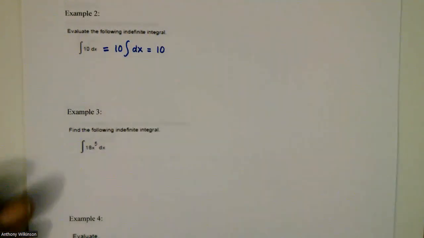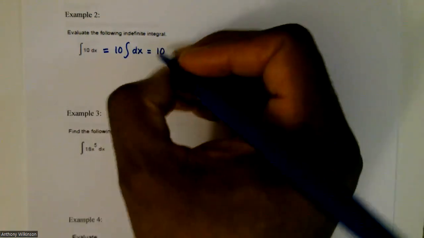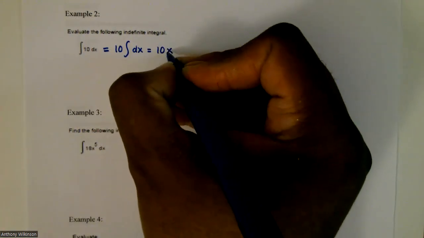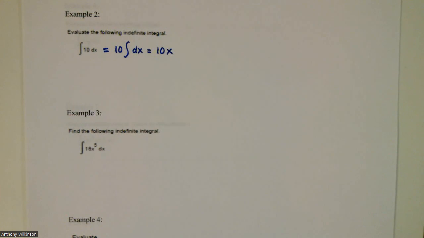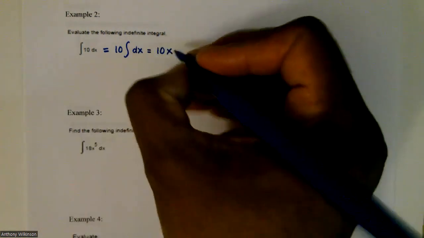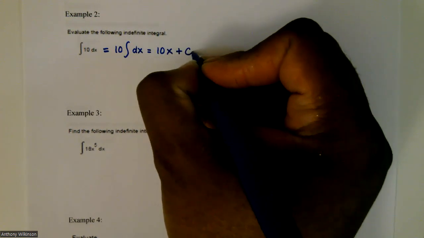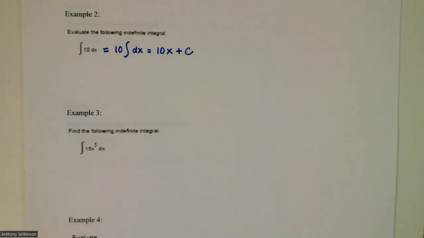And then bring the 10 over. Well, the integral of dx, that's just like 1 dx. So the integral of that would just be x. So I just tack on the x after the 10. So it'd be 10 times x plus c. Since we're taking an indefinite integral, you must include that plus c afterwards.